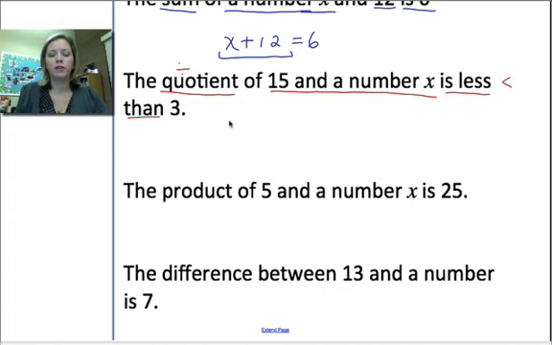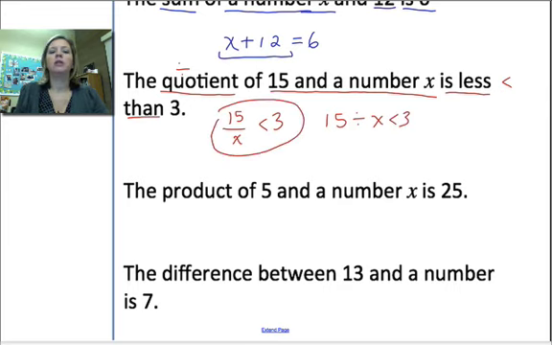So the quotient of 15 and a number means we're going to divide 15 by my number x, and that division is going to be less than the number 3. So 15 divided by x is less than 3. Or if you wanted to, you could write it like this, but again, this inequality is going to be much easier for us to work with in algebra.